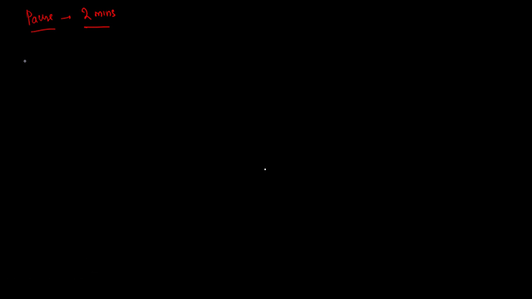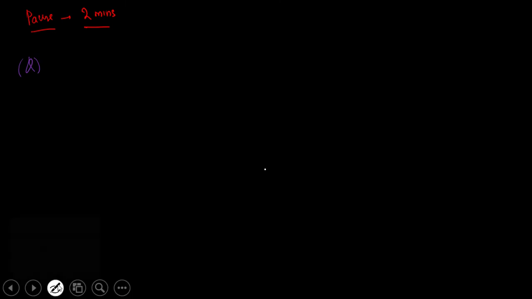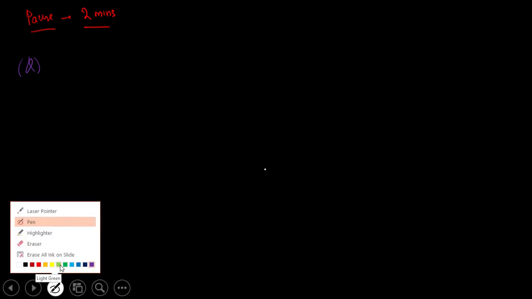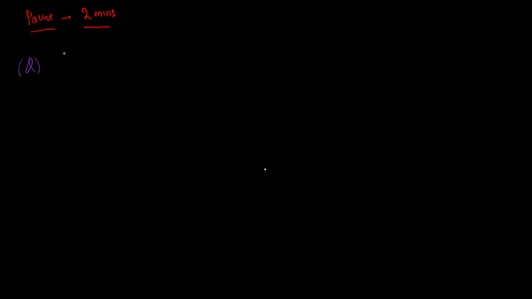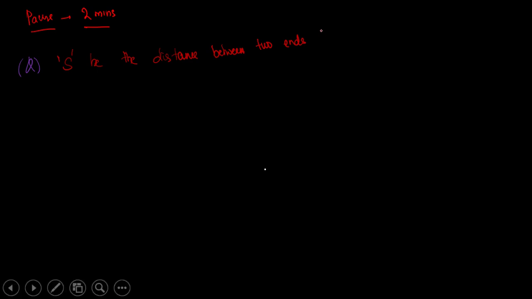So the first thing we have to do is consider that S is the distance between the two ends of the train, and A is the constant acceleration.